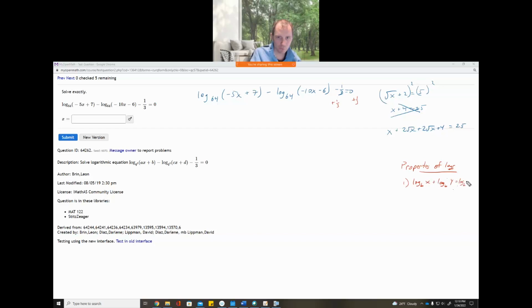We get log base b of x times y. Okay. Subtraction pairs up the same way with division. So log base b of x minus log base b of y gives me log base b of x over y. Okay.